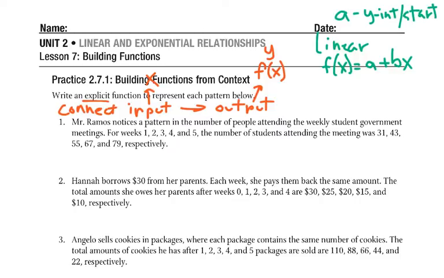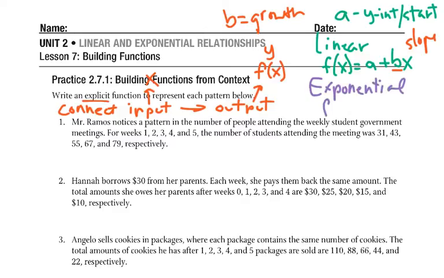And our b is going to be the growth. In a linear, we also call that slope. But in an exponential, it's not slope. And our exponential is f of x equals a times b with the x as an exponent.